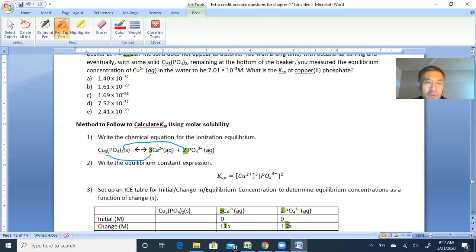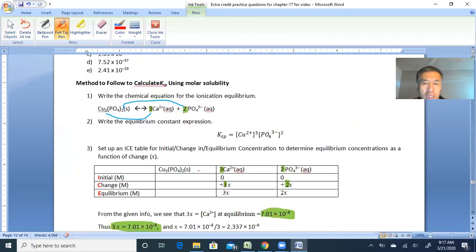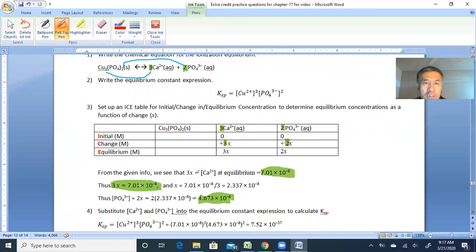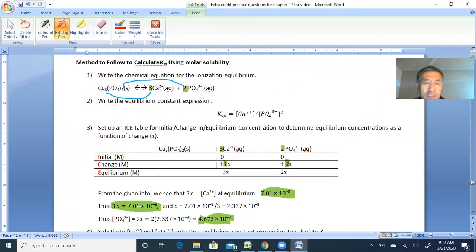So therefore, you want to calculate what is your Ksp. You just use this equation. So you see the equation for the solubility of copper(II) phosphate. We take 1 of this salt unit, produce 3 Cu2+, the 3 coming from the subscript.